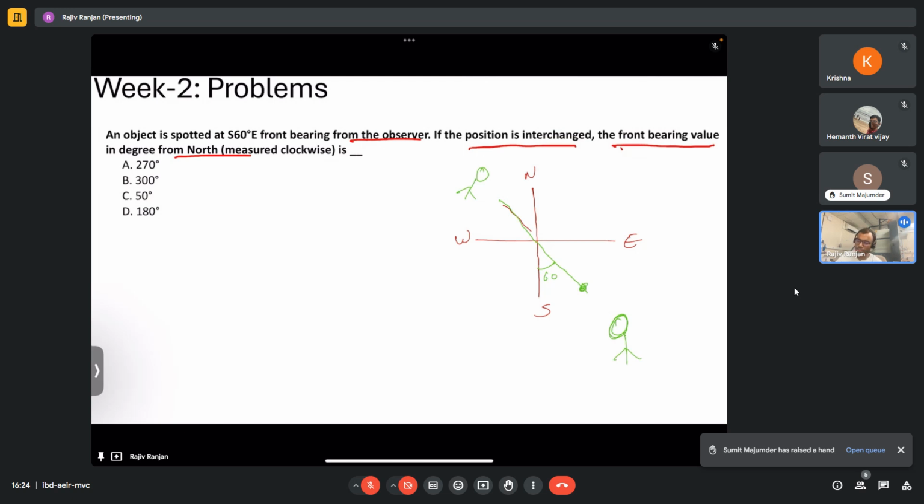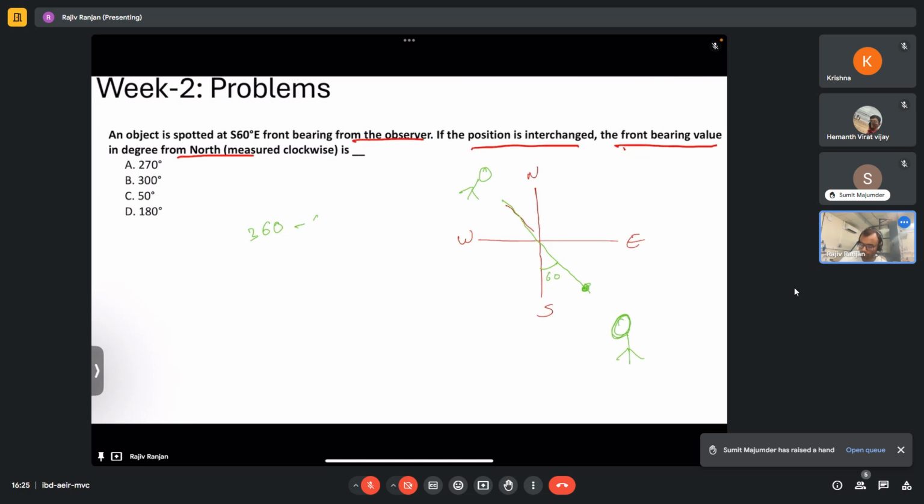If the position is interchanged, what is the front bearing value of the observer? It simply becomes 360 minus, what will the value be? 300.